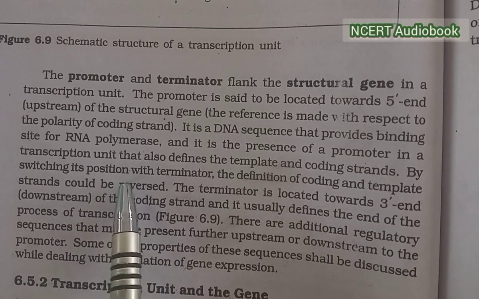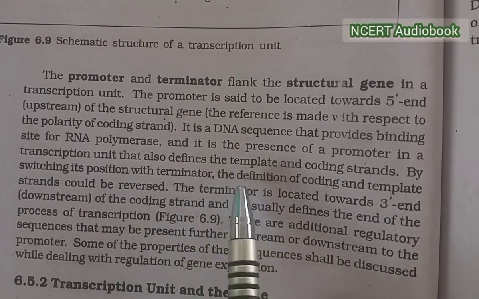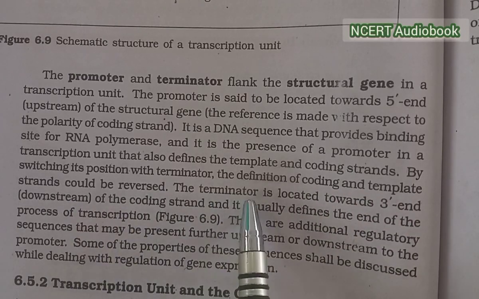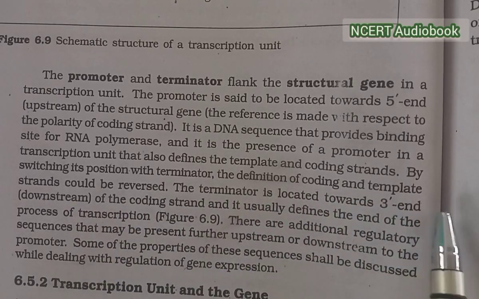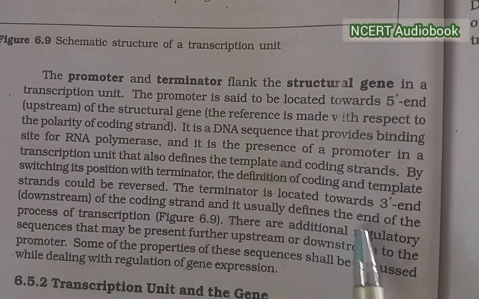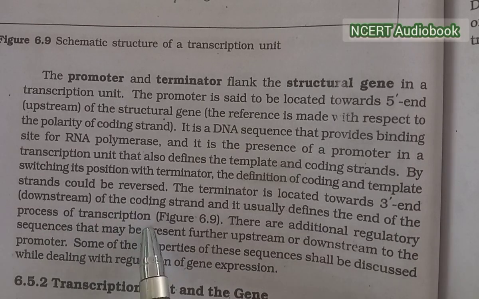By switching the position of the promoter with the terminator, the definitions of coding and template strand could be reversed. The terminator is located towards the 3' end, downstream of the coding strand, and it usually defines the end of the process of transcription.